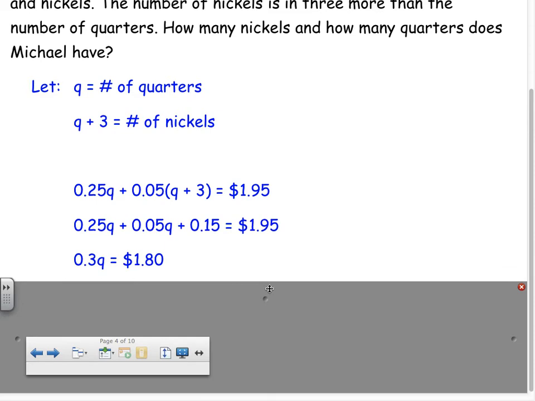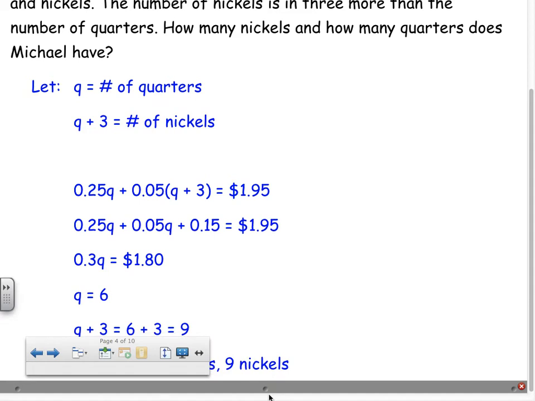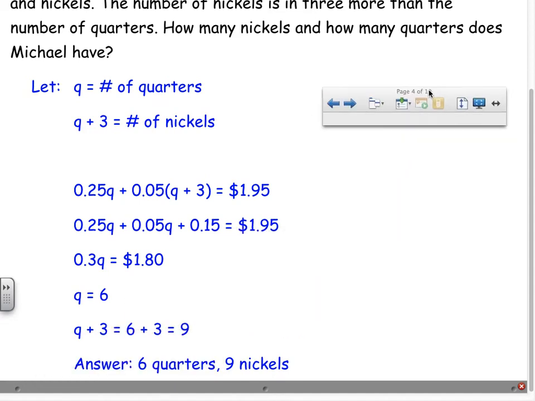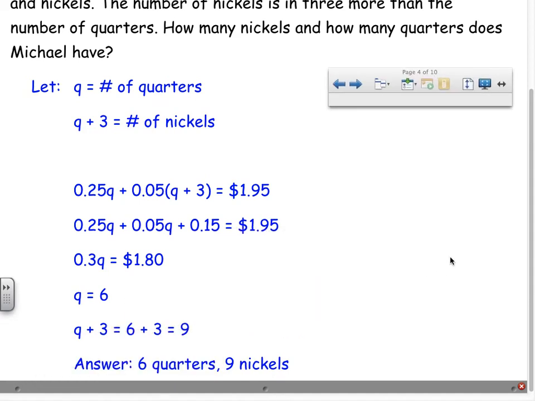Since quarters are worth 25 cents each and nickels are worth 5 cents each, we can multiply each of those quantities by what they're worth, and add them together to get $1.95. Solving that equation gives Q equals 6, which means the number of quarters is 6, and Q plus 3 is 6 plus 3, which is 9, so there are 9 nickels. So that was easily solved using one variable.